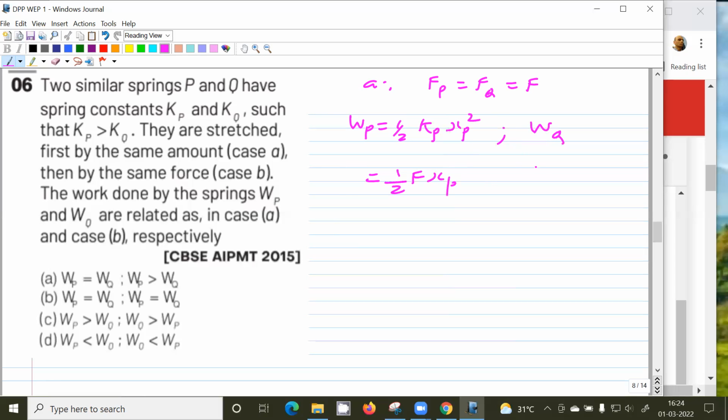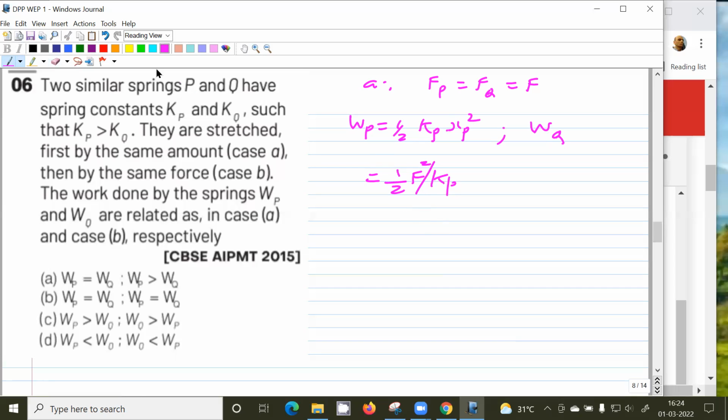First case, option D, yes, sir. Okay, so this can also be written as the work done in the first case.